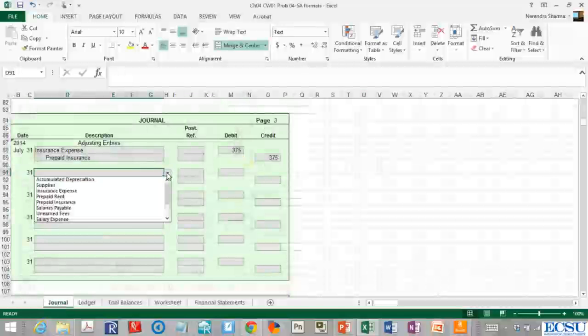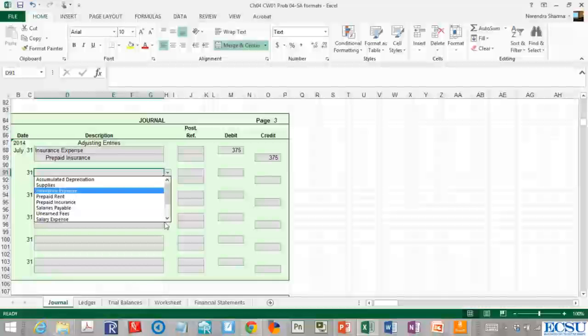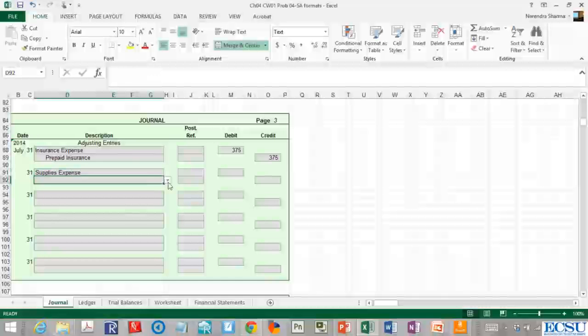That is, the supplies expense would be debited. So let's find out the supplies expense. Here it is. And then supplies would be credited with the difference in the amount. I just explained to you the calculation.